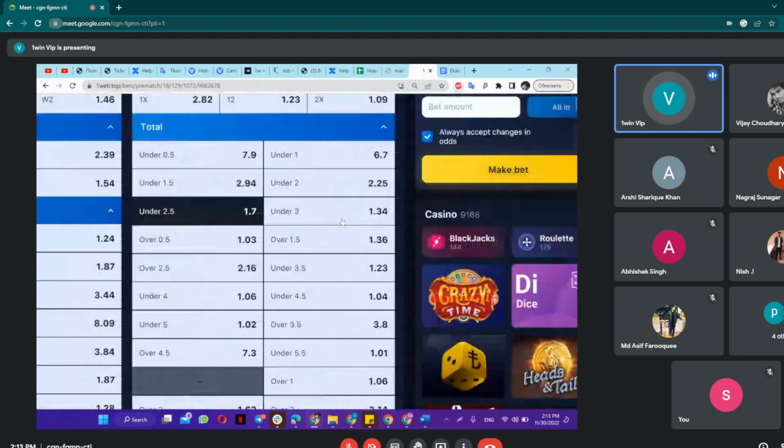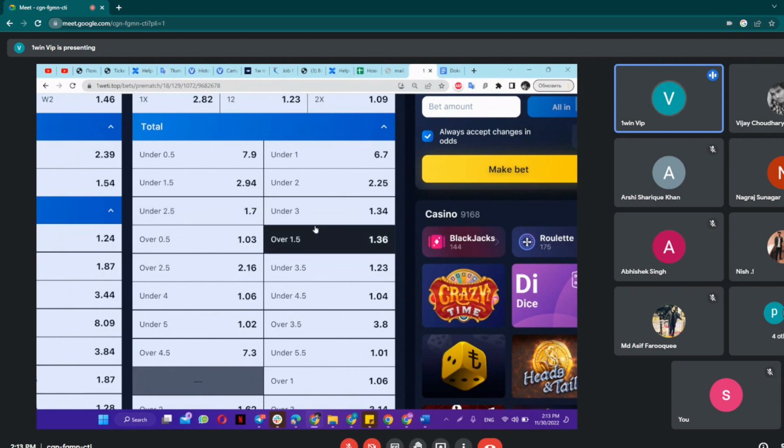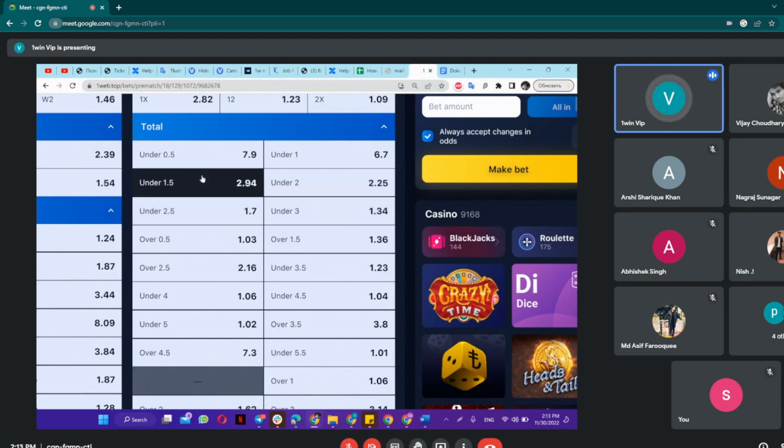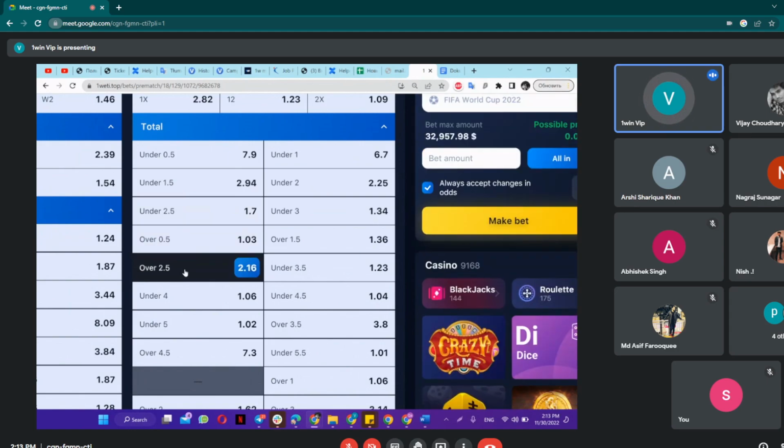So basically total is a bet on the amount of goals made by the 2 teams during the main time of the match. So for example, I place a bet that total will be over 2.5. Over means more. I place a bet that in this match, Poland and Argentina will have more than 2.5 goals made during the main time of the match.